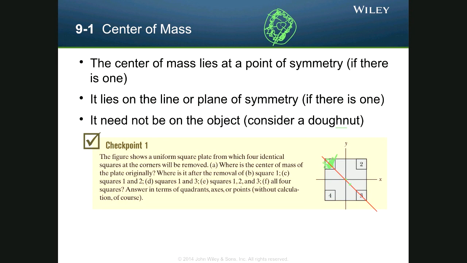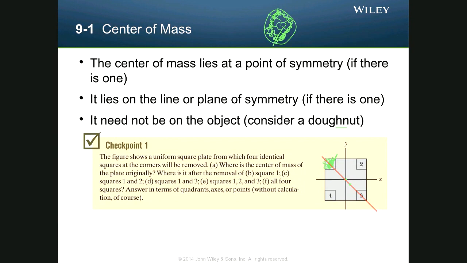Good. I want you to try C, D, E, and F on your own, and I'm going to give you about 2 minutes to do that. Yes, Mina. Just to make sure, when C says squares 1 and 2, that means from the original one, right?